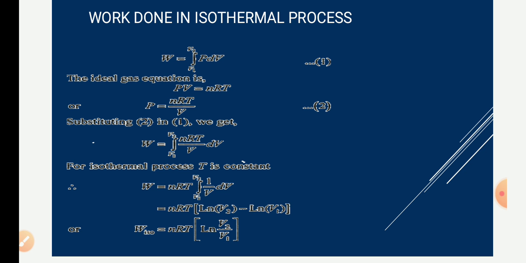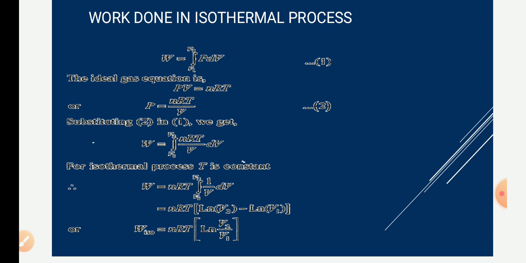From that we write P equals nRT by V. We considered W equals integral of PdV as the first equation, and this P value is the second equation. By substituting the second equation in the first, W equals integral of nRT by V dV.